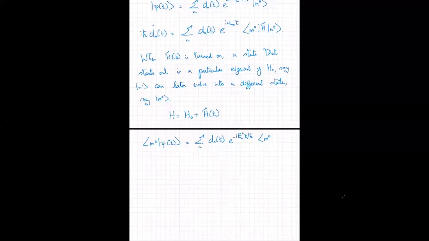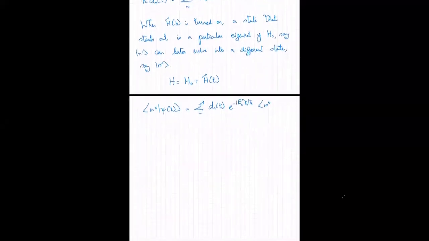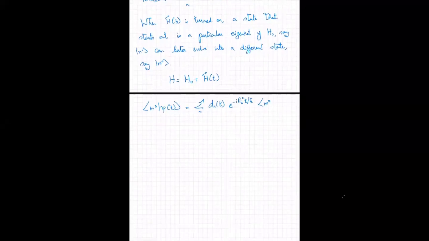Okay. So if you want to calculate the probability that this psi of t can evolve into some other state m0 after some time, then I'll simply have to calculate the overlap of m0 with psi of t at that particular time, right? And this is this, but m0 and n0 are still orthonormal states. So this is delta mn.